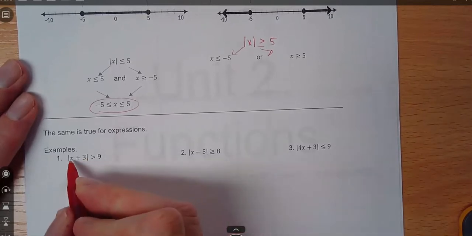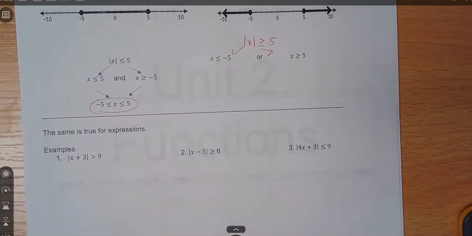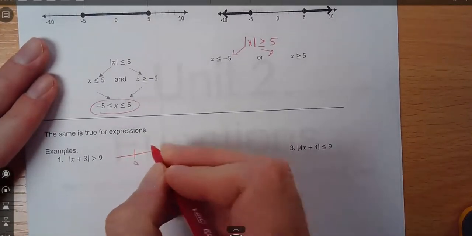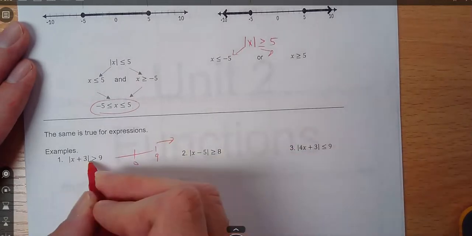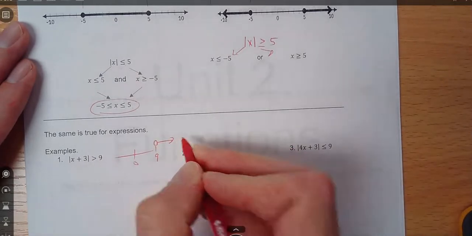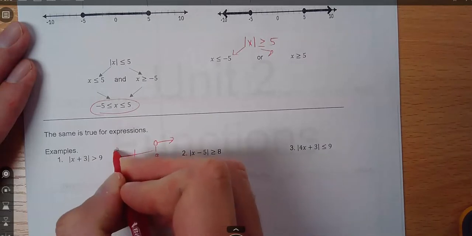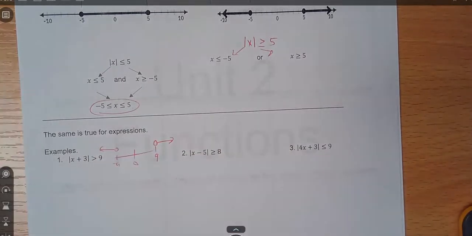So when I do the expressions, same idea. If I say that x plus 3 has a distance of greater than 9, it's outside that. So think, here's 0. I'm either 9 units this way, well, it's not even equal to, so it's going to be more than 9 units, or it's going to be this direction, or more to the left.